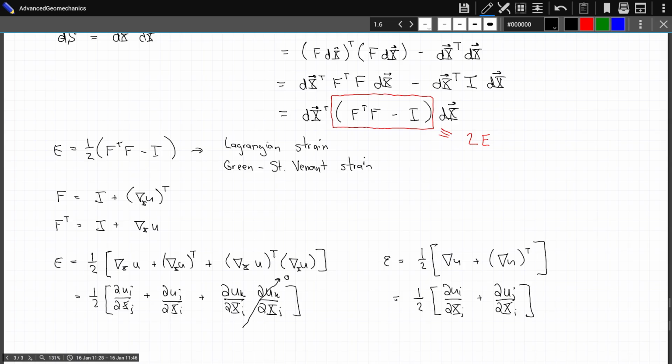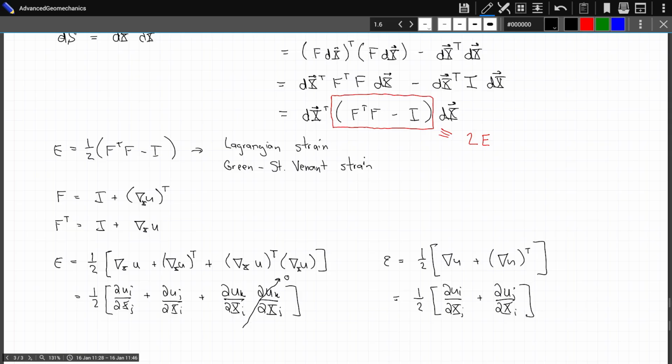And so, who recognizes this? I even show this when I teach undergraduate geomechanics, right? This is the small strain or linear strain, what is often, in your first introduction to strain, the strain that you're introduced to.